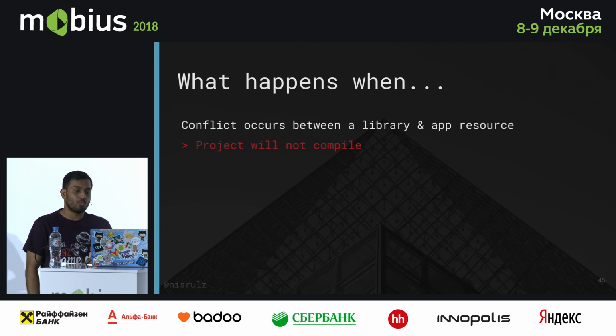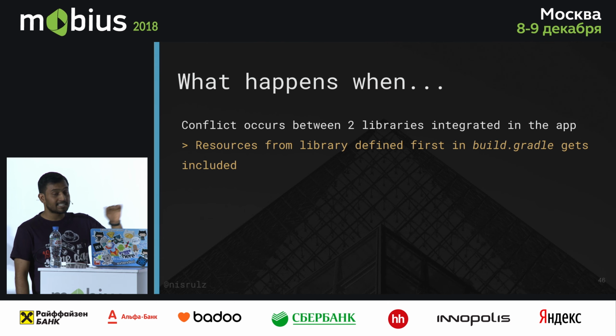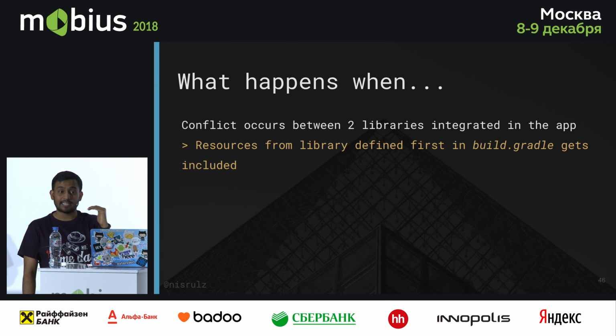It gets worse when there are two libraries that conflict, so it's not conflicting with the app anymore. Library A has key_1 as a string resource. Library B also has a string called key_1, and they both conflict. Then the resource that is defined at the top in the dependency section is the one that brings in the resource, and the other library is supposed to use that resource.